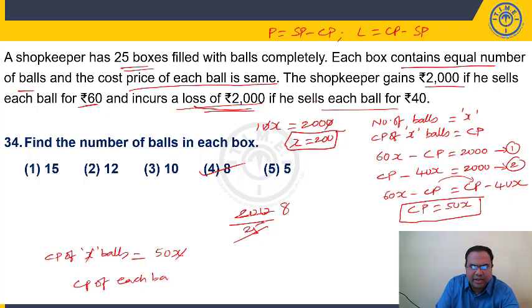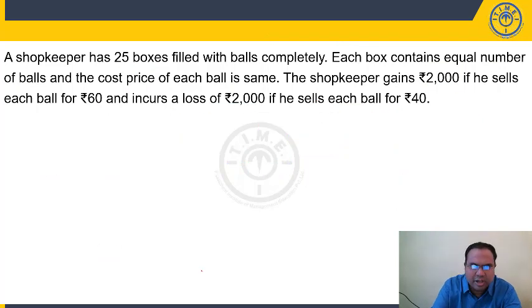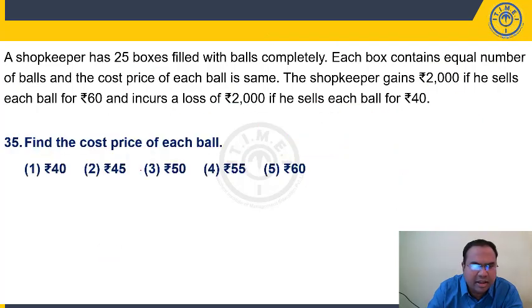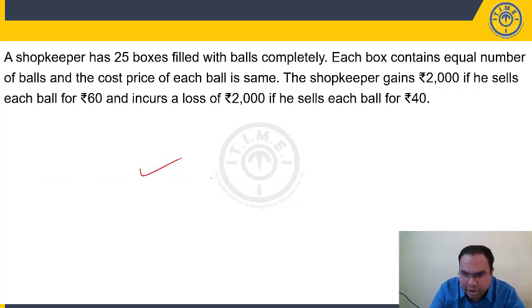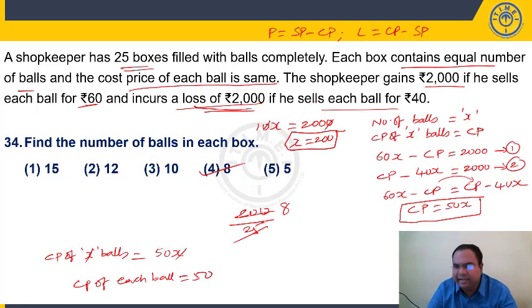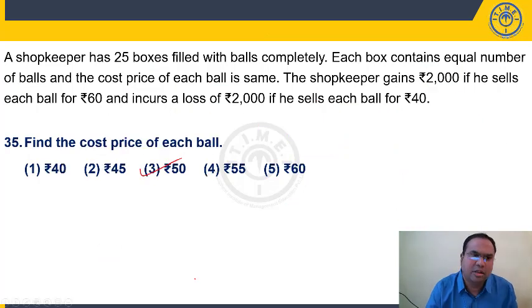Each ball is equal to, I can say, 50 rupees. So what is cost price of each ball? 50. That is present in your third option. Don't get into calculation. 50 into 200 divided by 200 is not required. Cost price of X balls is 50x. X will get cancelled. So cost price of each ball should be 50 rupees. So 50 rupees is present in third option.